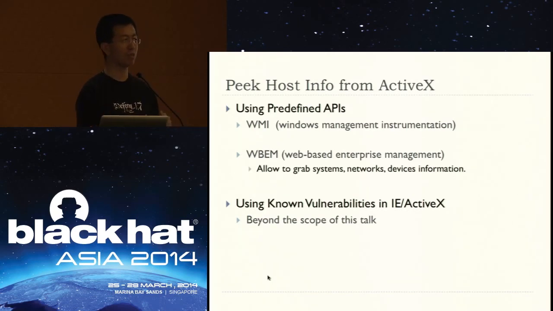In particular, there's one object called WBEM, Web-Based Enterprise Management, and if you get the permission, it will allow you to grab lots of detailed information about the host. Obviously, if you know more about ActiveX, there is a lot of other exploitation you can do, but I'll stay at the simple side.